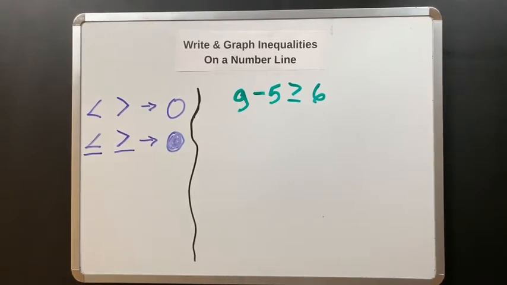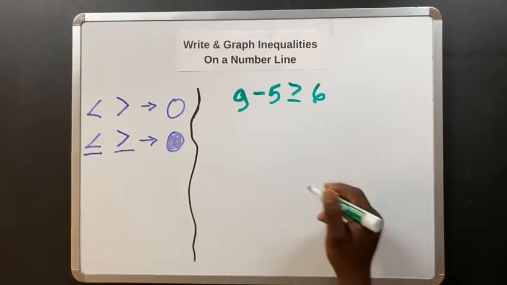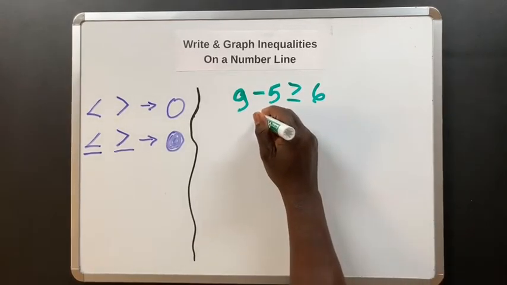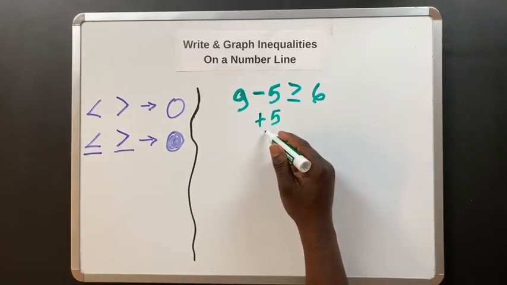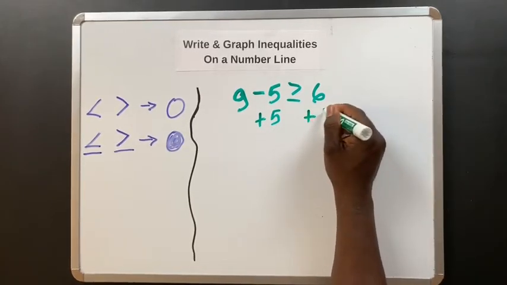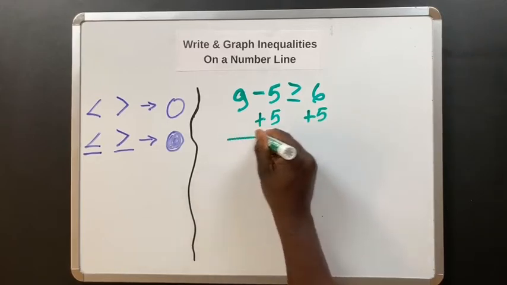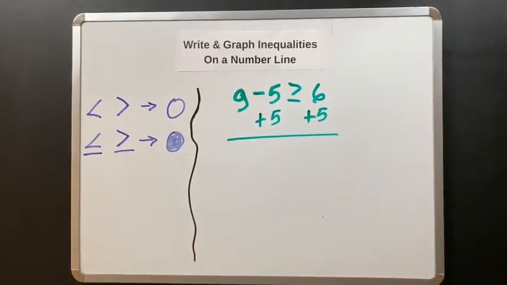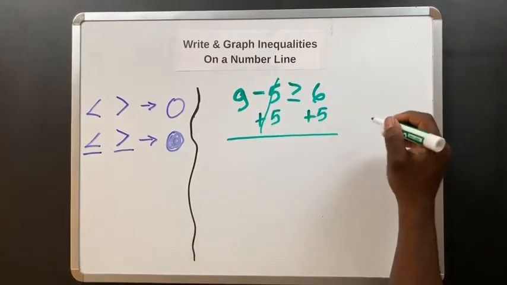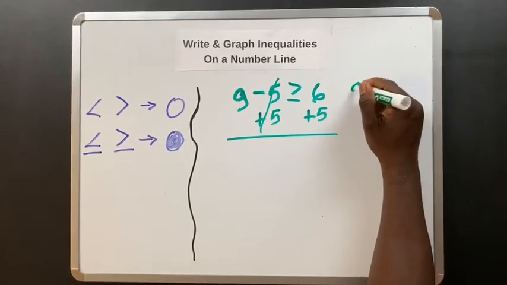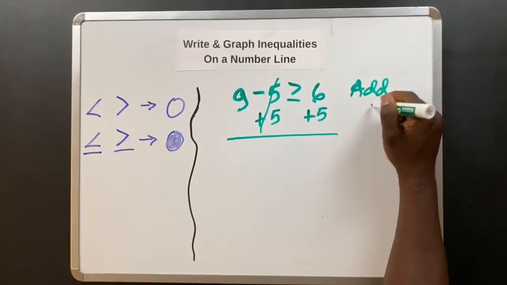First thing we want to do, remember, is isolate the variable g, get g by itself. What's the opposite of subtracting 5? You add 5. Whatever you do to one side of the inequality, you do to the other side. So you add 5 here. Draw your line. -5 plus 5 is 0, and remember, we're adding down.